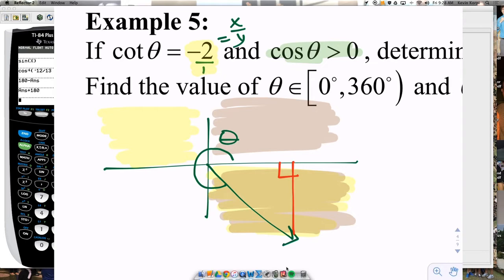Don't forget your theta. Sine of theta, cosine of theta, tangent of theta.